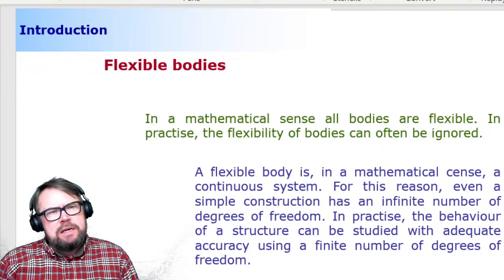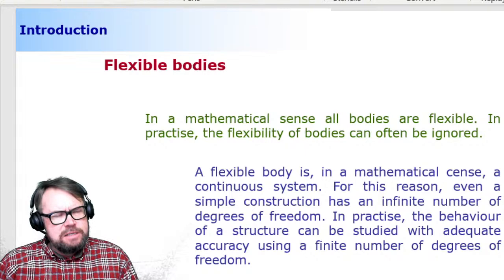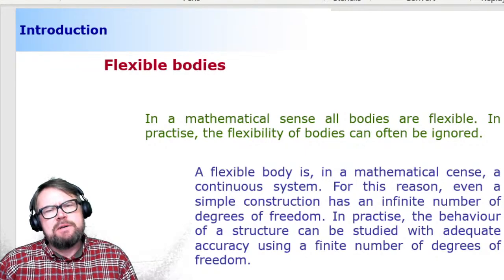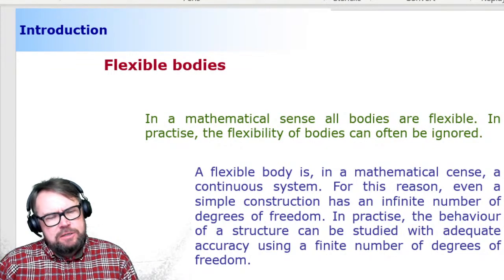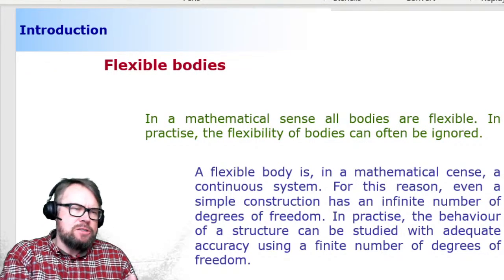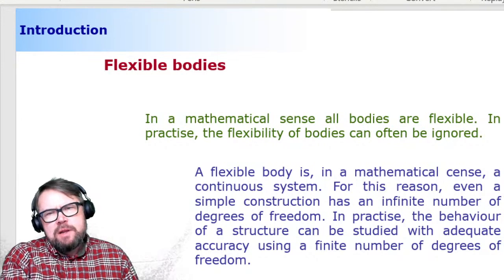That's hard to say. Sometimes it is, sometimes it's not. The reason to model deformable bodies is that the deformation is significant, so you model flexible bodies to get better accuracy, a better match to reality.